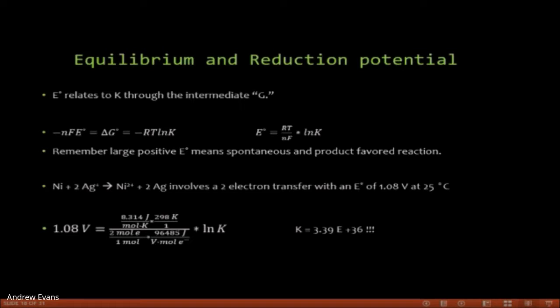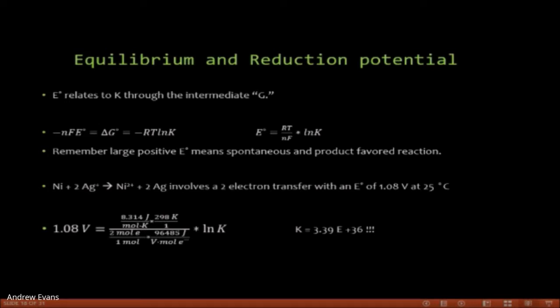Before I do the natural log, that is, times 2 times 96485 divided by 8.314 divided by 298. So this, we're saying 84.11 equals natural log of K. So remember, we have to take the inverse log to both sides. And so the K is going to be 3.39 times 10 to the 36th.